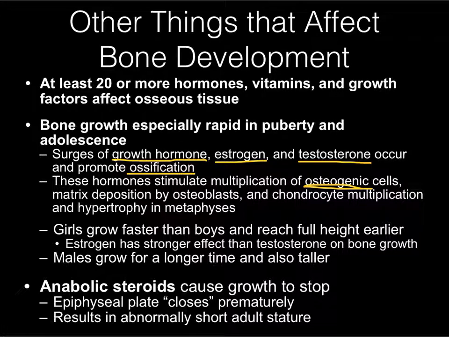These osteogenic cells are what are going to become the osteoblasts. So if you want more osteoblasts, or you want your osteoblasts to become more active, then you're going to need more osteogenic cells to reproduce so that they can make more osteoblasts. More osteogenic cells leads to more osteoblasts, and it also leads to chondrocyte multiplication.